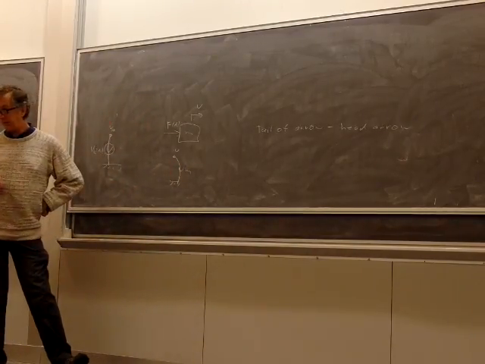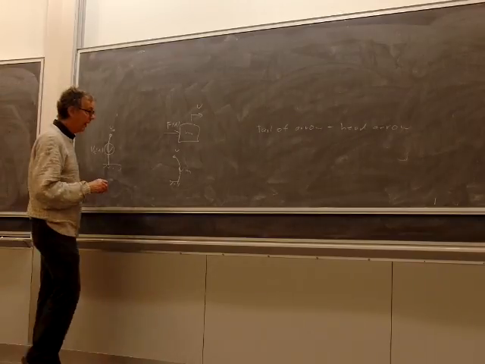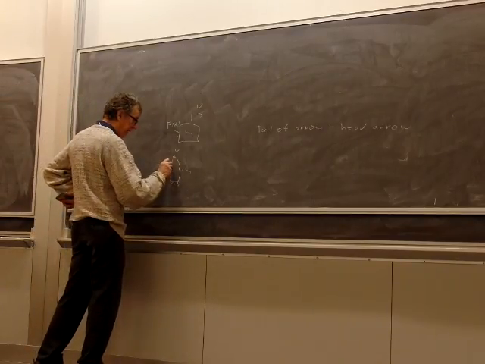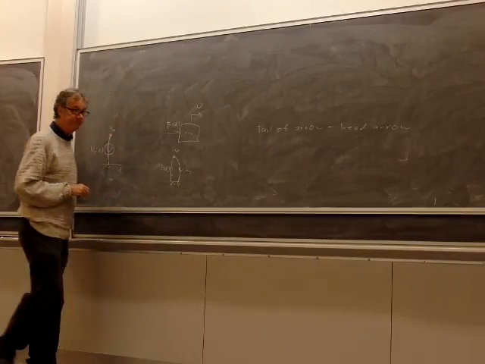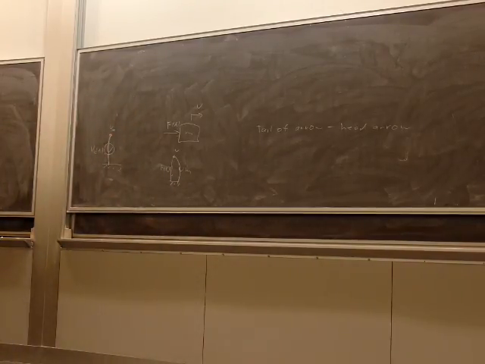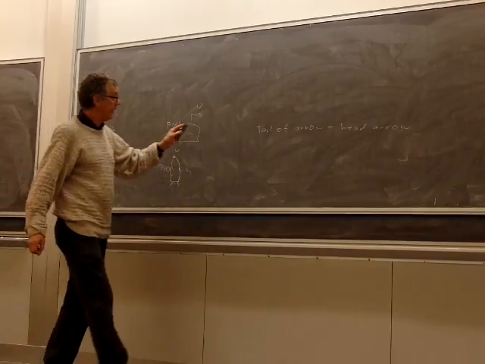I'm pointing down to the moment. Let's look at this force. Should it be up or down? Well, let's find out which way it is. Easy thing to check. In fact, I happen to know.